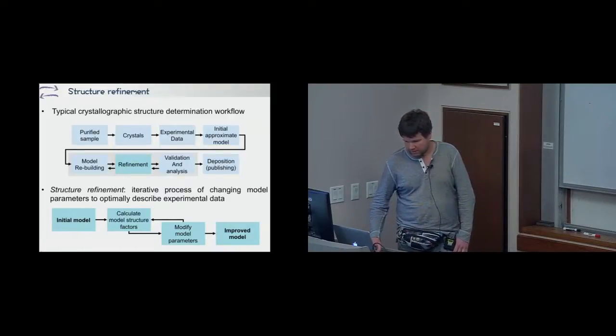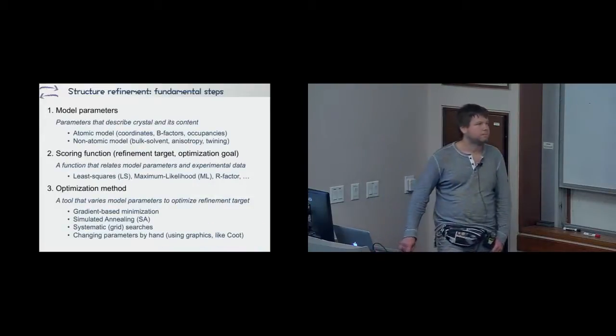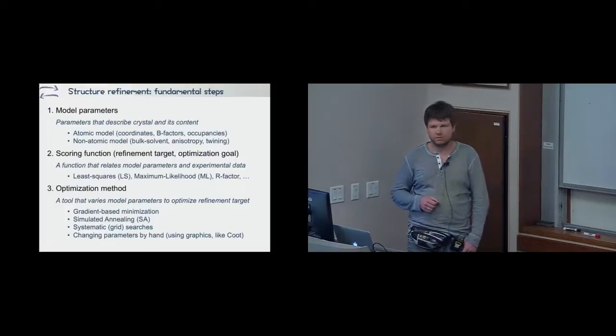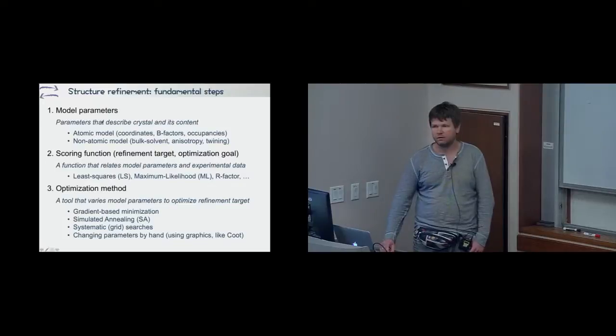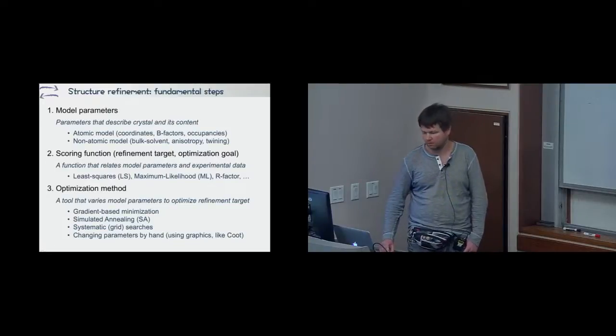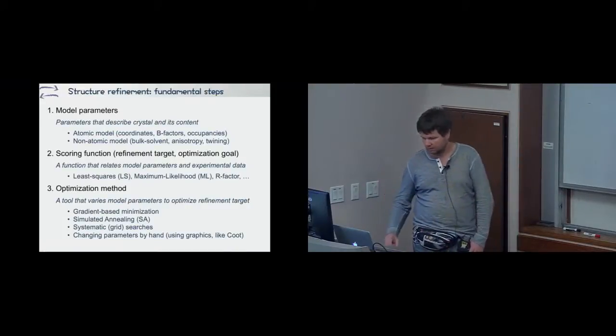Since structure refinement is an optimization problem, there are three fundamental things that are common to the definition of optimization problems. One is we need to define what the model is and what the parameters describing this model are. In our case, that's going to be atoms in the unit cell and something else.